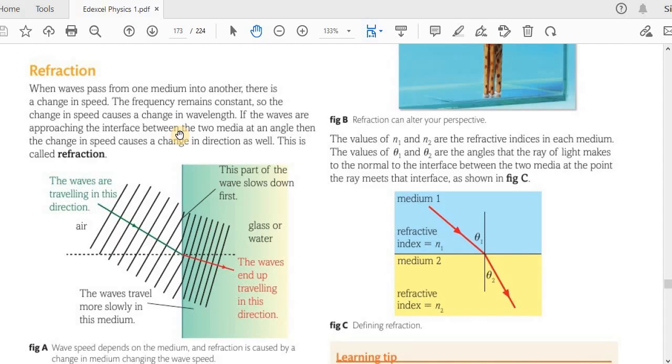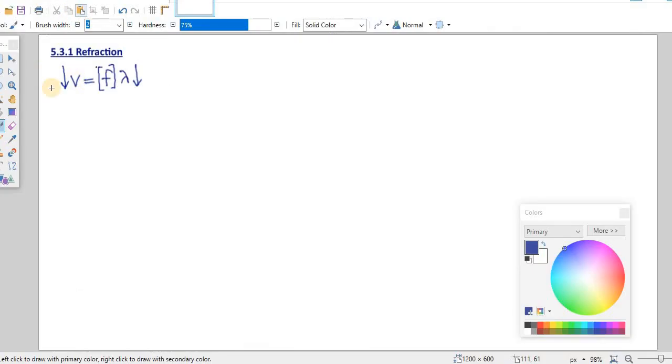So that means when the wave speed decreases, the wavelength should decrease, or if the wavelength decreases, the wave speed should decrease. When waves pass from one medium into another, there is a change in speed. The frequency remains constant, so the change in speed causes a change in wavelength. Here I have written it down.